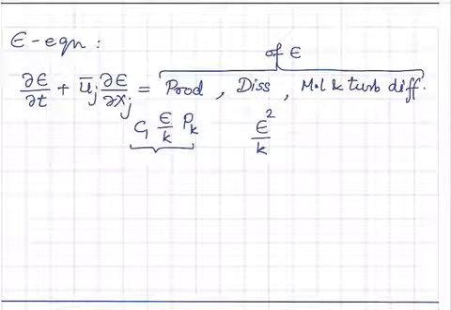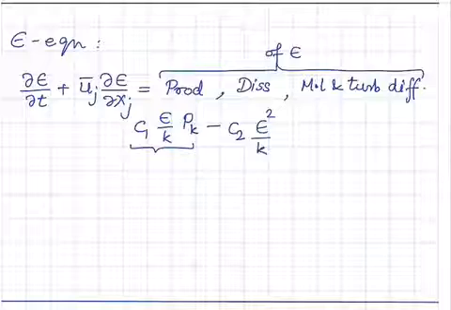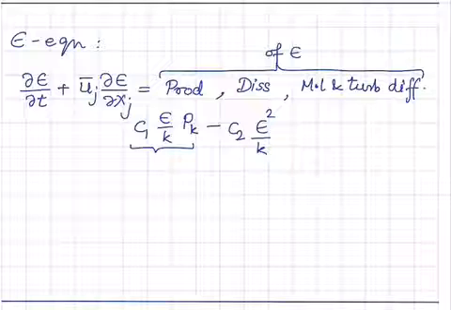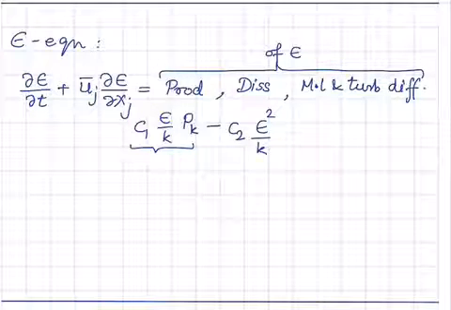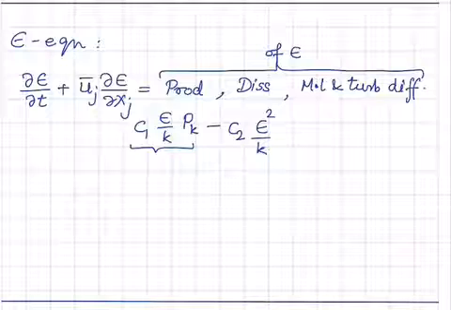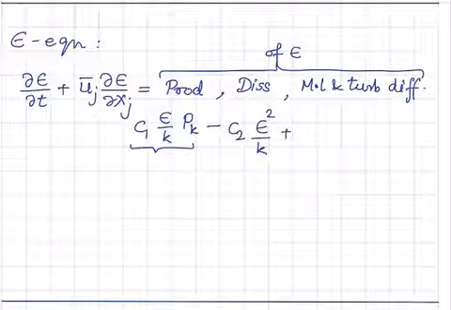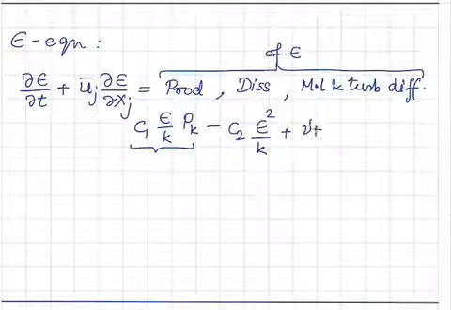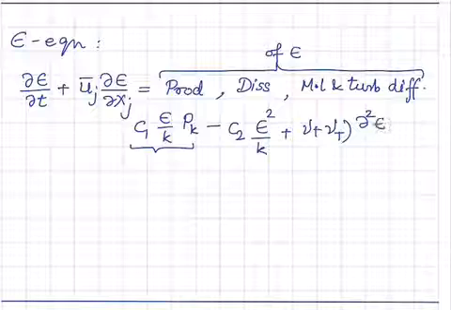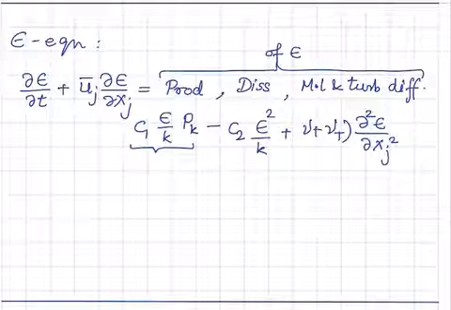The dissipation of epsilon has C2, and there's a negative sign. And again, C2 is an empirical constant parameter, or can also be a variable, a function of some other variable, plus nu plus nu t times diffusion, which is denoted by the second derivative of epsilon.